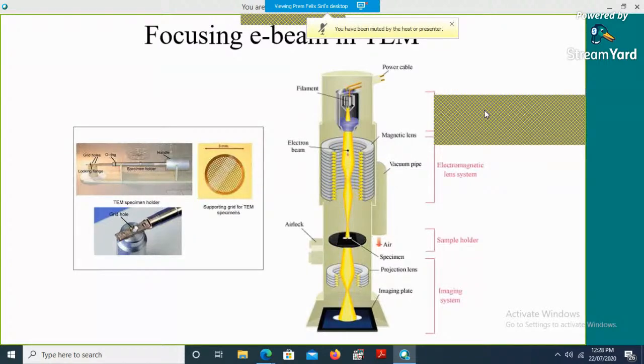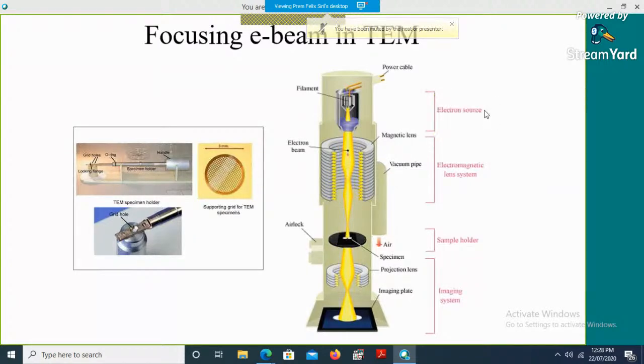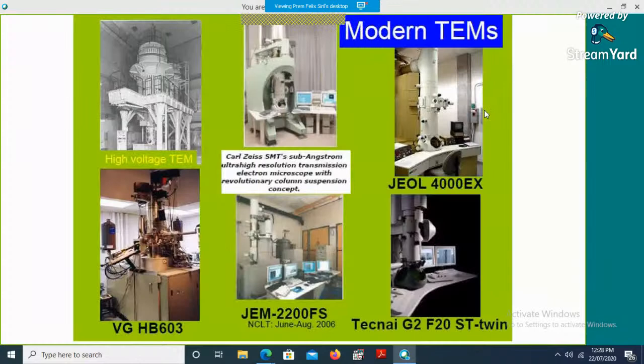Depending upon the acceleration voltage used, in SEM the maximum acceleration voltage is 30 kilo electron volts, and it can be lowered down to say 500 electron volts. But in TEM, it starts at around 3 kilo electron volts upwards, even up to say 300 kilo electron volts.